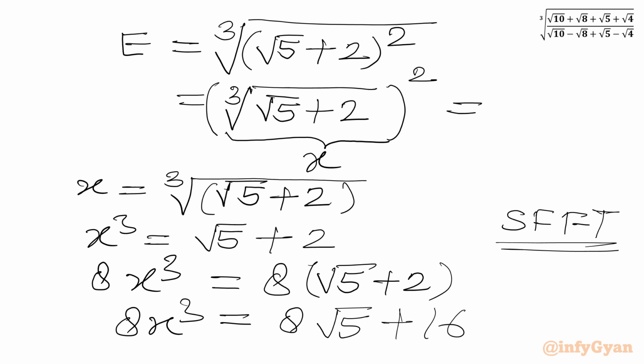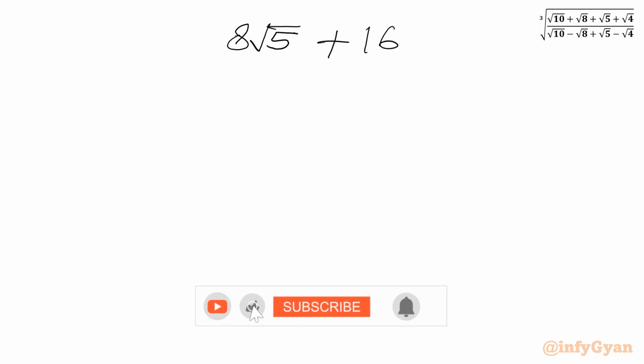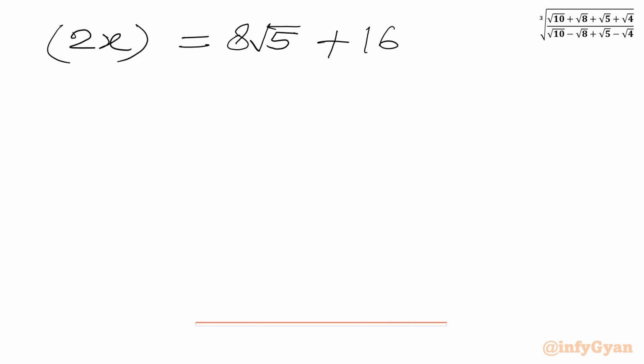Remember, our expression value is x squared. We will calculate x from here and then we will consider squaring for our expression E. So I will write 8 root 5 plus 16, and on the LHS 8x cube we can write (2x) whole cube. Now I will split 8 as 5 plus 3.